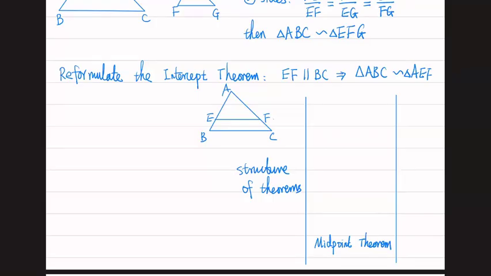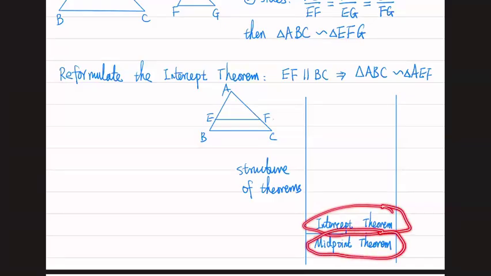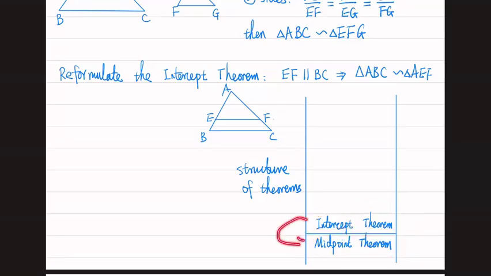Then we generalize the midpoint theorem. We have the intercept theorem. That means the intercept theorem is based on the midpoint theorem. It's for more general situations, and it's much more powerful. And based on this intercept theorem, we have quite a few similarity theorems.